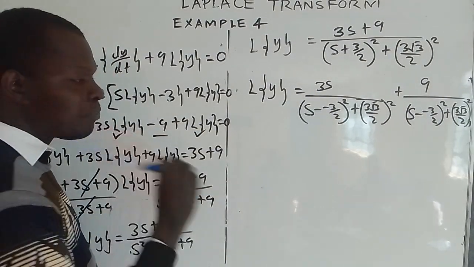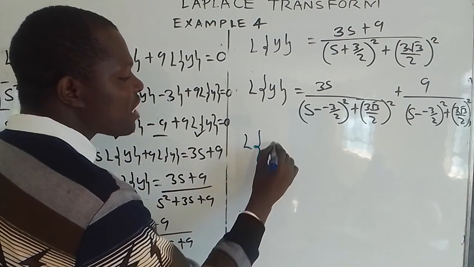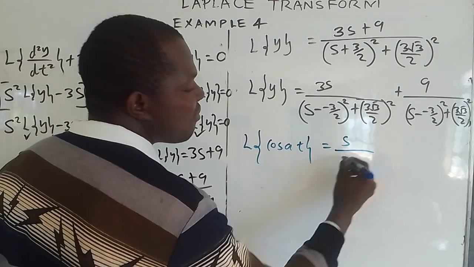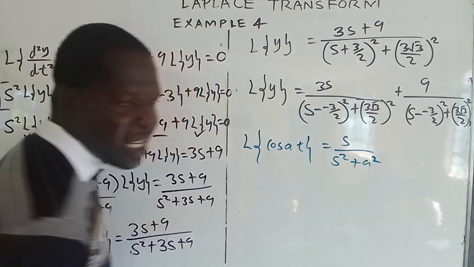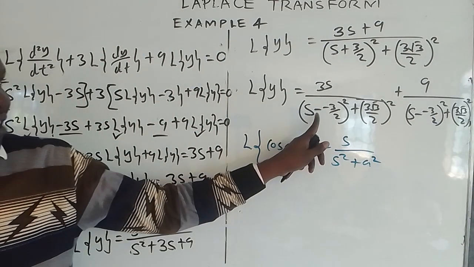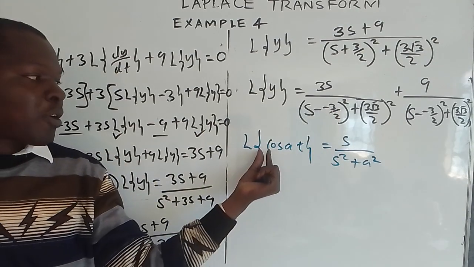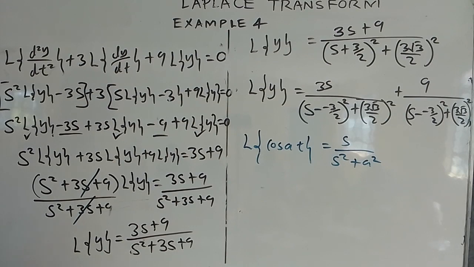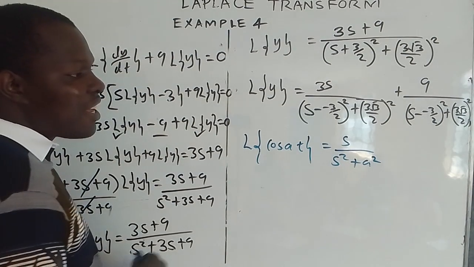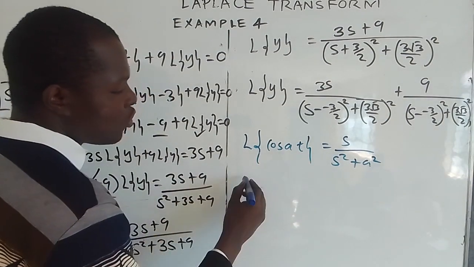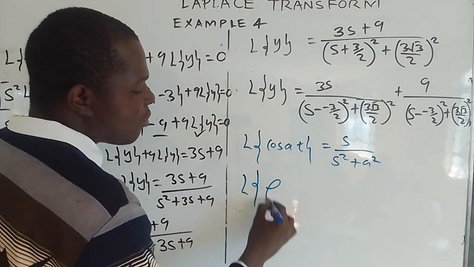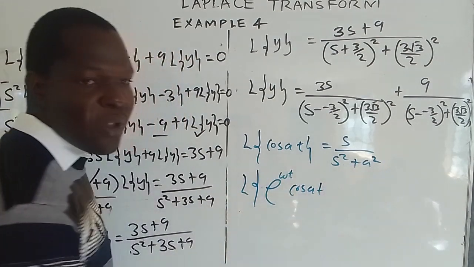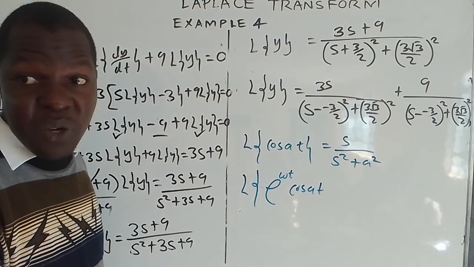When you had the Laplace transform of cos at, it was s over s squared plus a squared, isn't it? But here we have s minus a, meaning it is a product with the exponential function, isn't it? So if you leave even here to be a, you can just say Laplace transform of exponential wt cos at, so that you don't interfere with that a. Are we together?